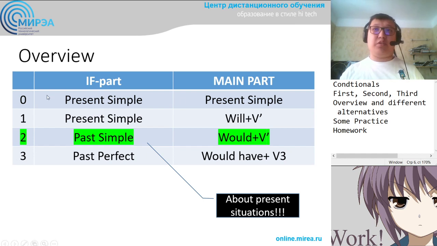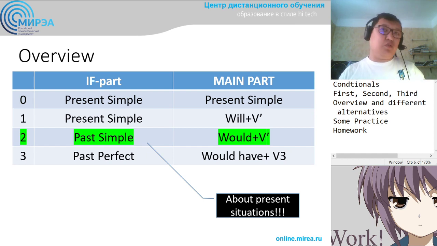That's why you use present simple here and in the main part. The first conditional, the most common case, we use present simple in the if part, and we use normal future simple in the main part, will plus infinitive. So it's like for negotiating and telling normal rules.